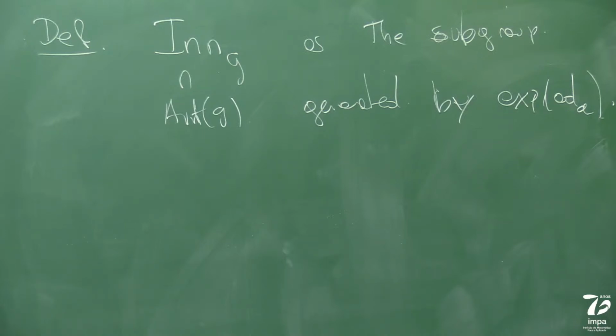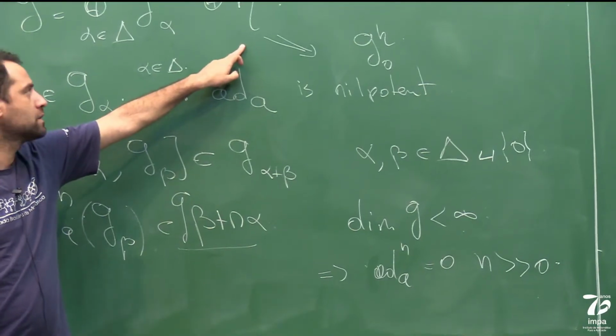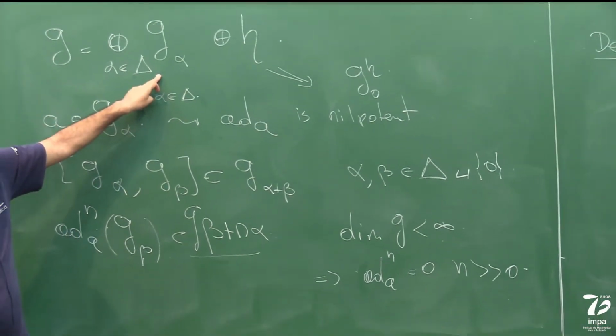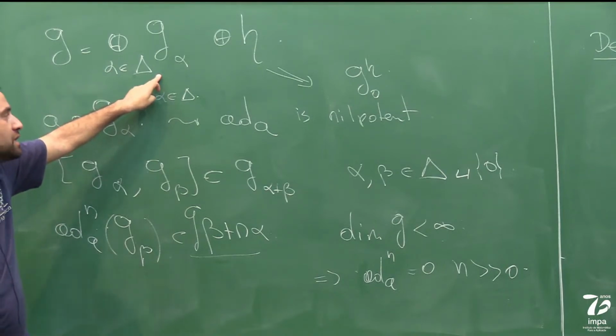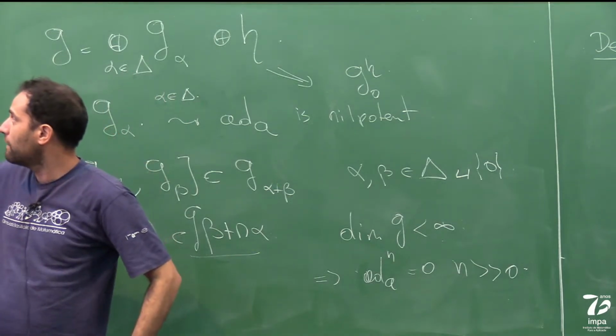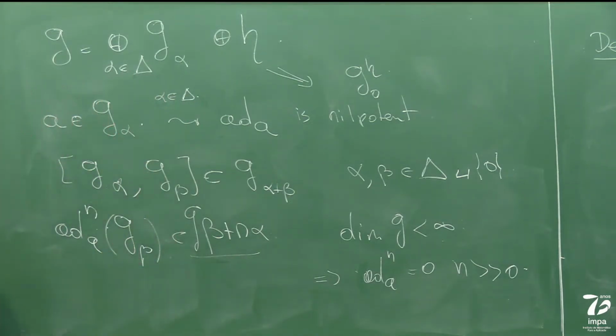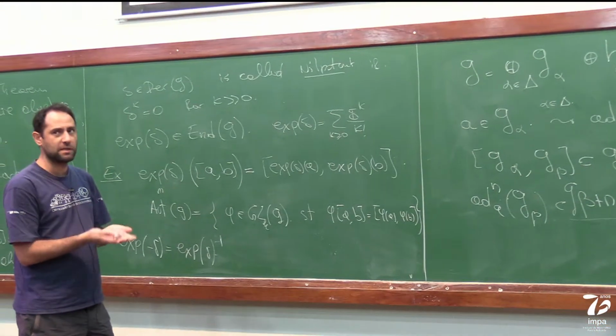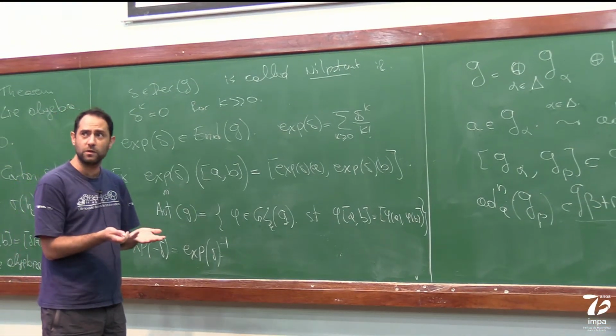If you want to deal with the exponential of the adjoint action of elements in H, well, that's a little bit trickier because they might act semi-simply on G alpha with non-zero eigenvalue, and then you need to deal with what that exponential means, which means it's an infinite sum. But if you have that the eigenvalue is an element of the field, you can write your action as some semi-simple part plus some nilpotent part, and they commute.